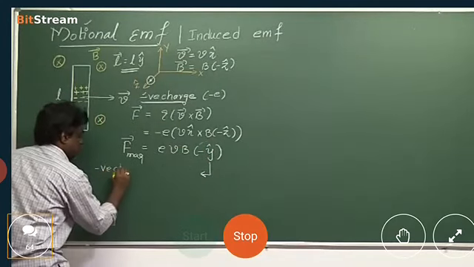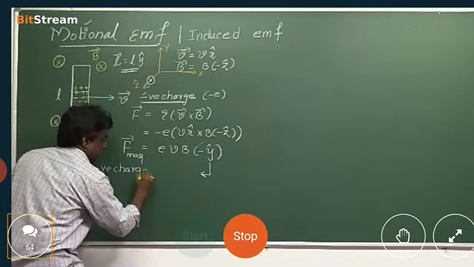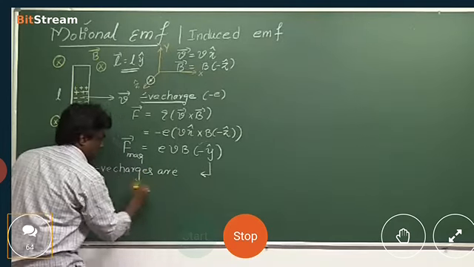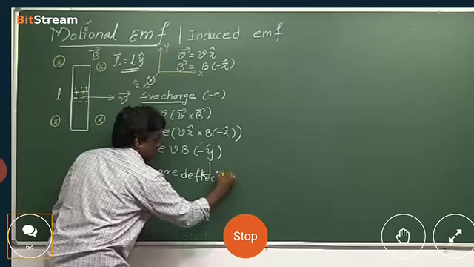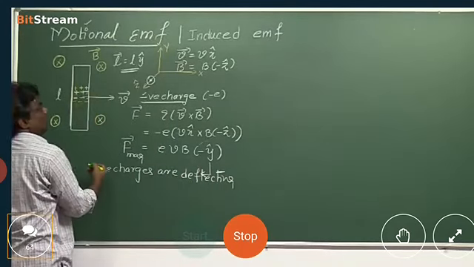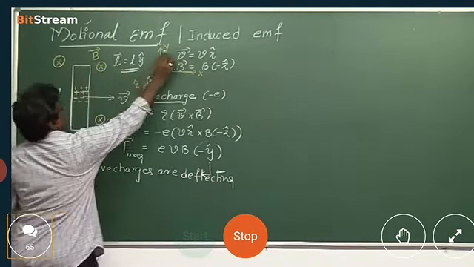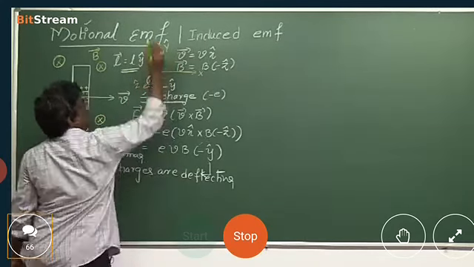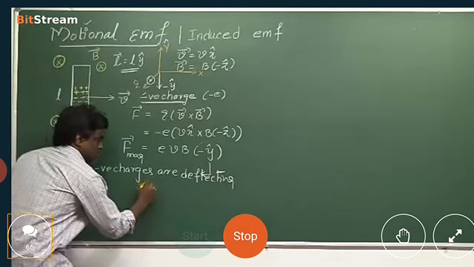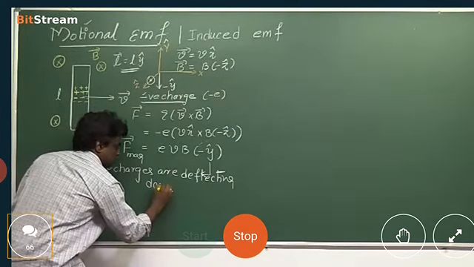Negative charges are deflecting downward or upward? Because upward is Y cap and downward is what? Minus Y cap. So now you understand? Deflecting downwards.